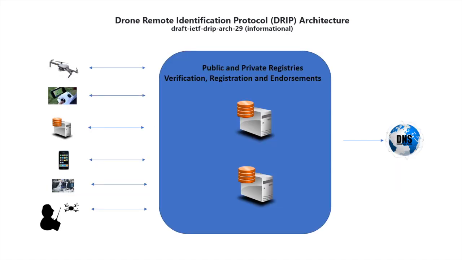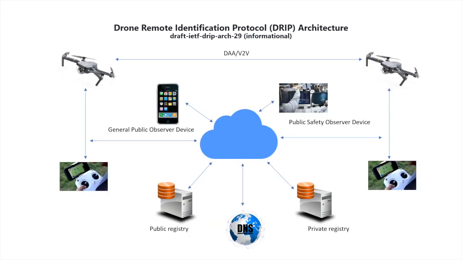The second concept is the DRIP registries. The architecture document suggests using public and private registries. They hold public and private information of DRIP participants and are used in their registration. The architecture document also describes the process of making information obtained by observers immediately usable.